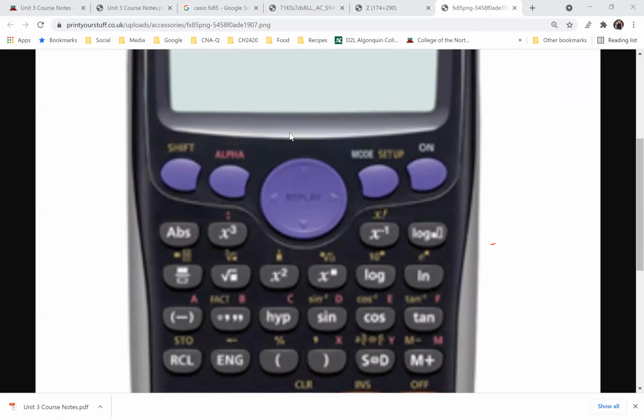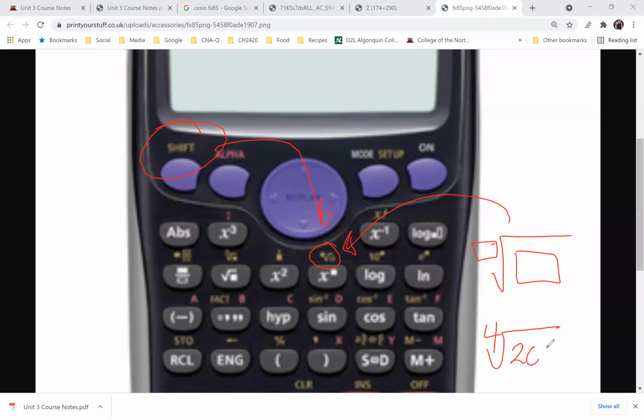The second function of this button is basically the root sign, and then you can enter the term here. Also, you can hit shift on the square root to give you a cubed root. Exactly. So if you were trying to take the fourth root of, I'm just going to make up a number, 200, you would press shift and this button here.